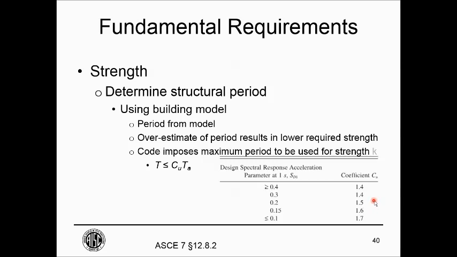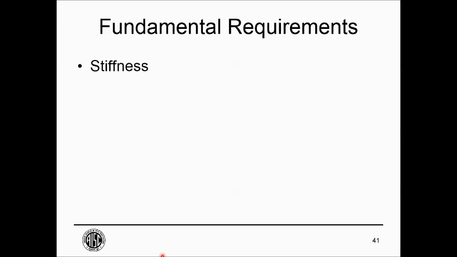So the greater your seismic demand, the stiffer your period is likely to be. And that's represented by this maximum period that you can use to compute the base shear, Cu times T sub A. So if you don't do any building modeling, you use T sub A. If you do use building modeling, you can use the period from your model, but limited to Cu TA. You can't use anything larger than Cu TA. And we'll show how to do that in the design example.